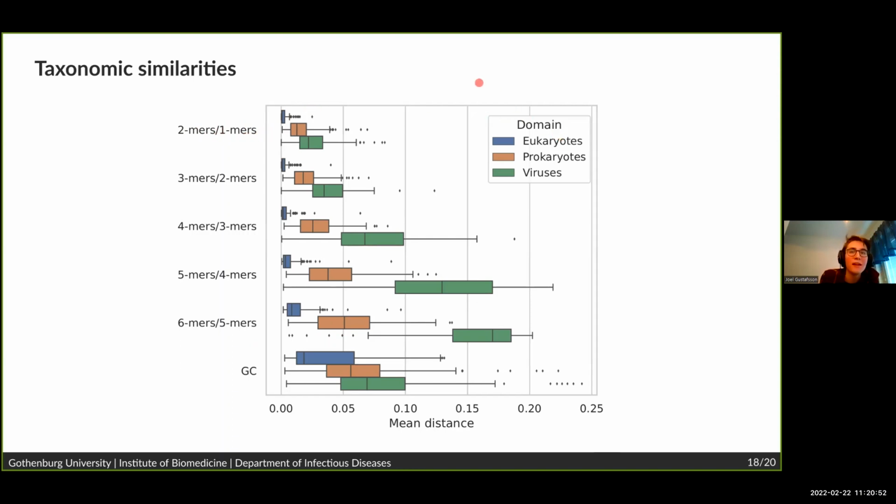So if we see that a virus is similar to its host, it's also likely similar to other hosts, which might decrease the signal that we see here. And also, notably, the variation in these values is much larger for viruses, which I think we know, but it's important to keep in mind for this sort of analysis.